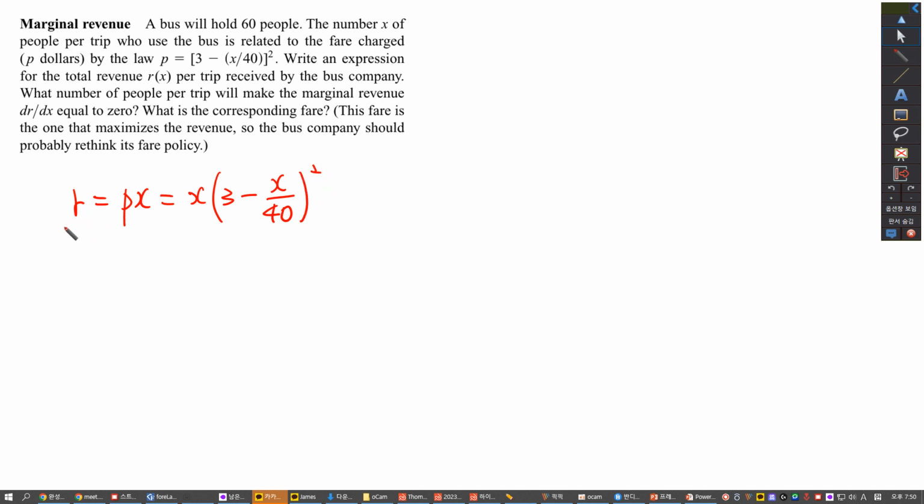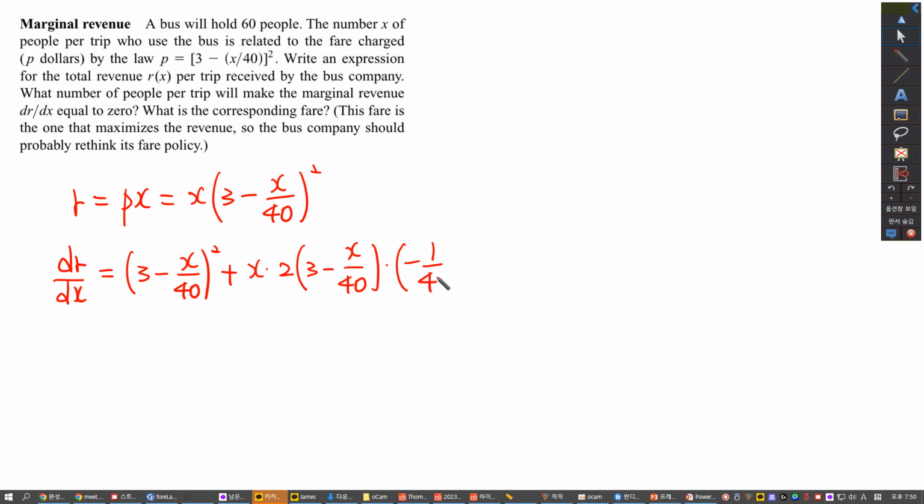And if we differentiate this equation, we can use the product rule. And according to the chain rule, this is 1/4, minus is multiplied.